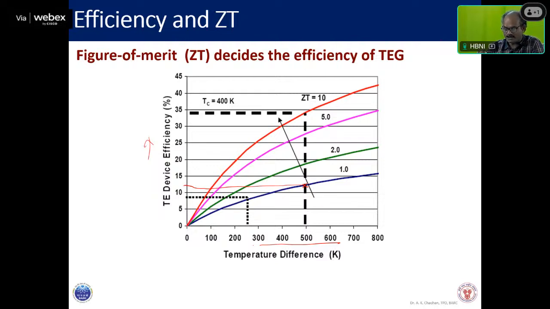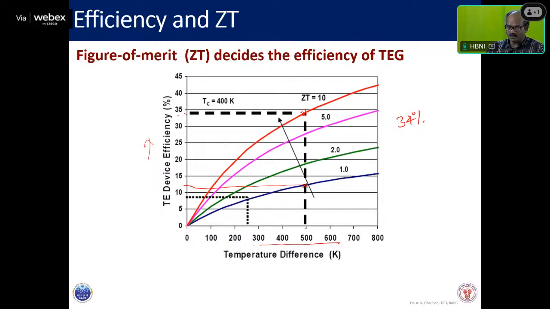And if somehow I get a very good material with a ZT of 10, and I maintain the two ends at a temperature difference of 500 degrees centigrade, in that case I can achieve about 34% efficiency, which is here.